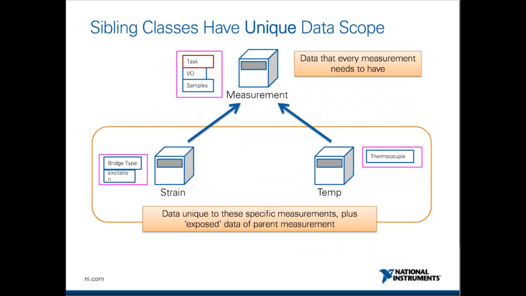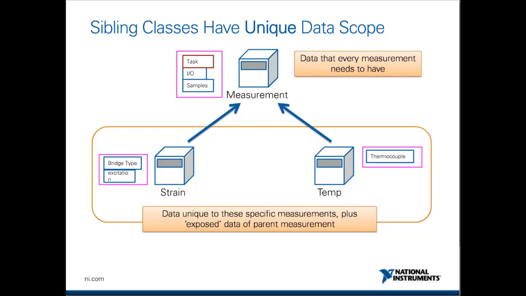So alternatively, going back to our class-based implementation, we see next to these objects a hypothetical data scope belonging to each. And your base level class, in this case the measurement, should define a data scope that is universal and used by all children of this particular class.